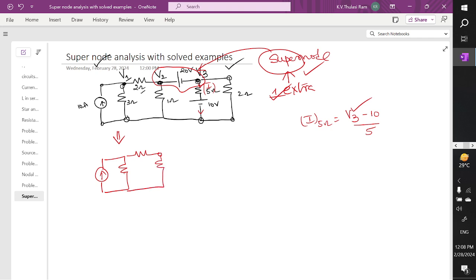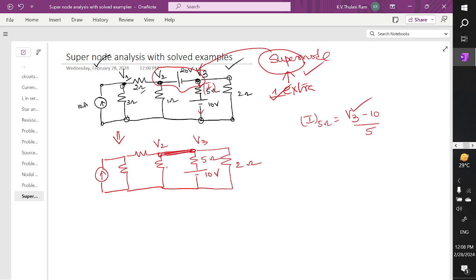Remove this supernode and make a short circuit between V2 and V3. So this value is 2 ohm, this value is 5 ohm, this value is 10 ohm, and we have created a short circuit between V2 and V3.